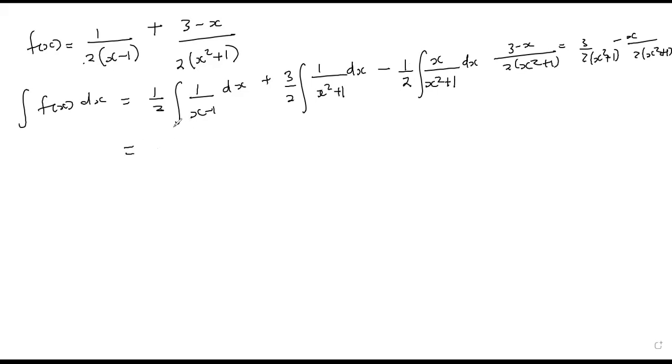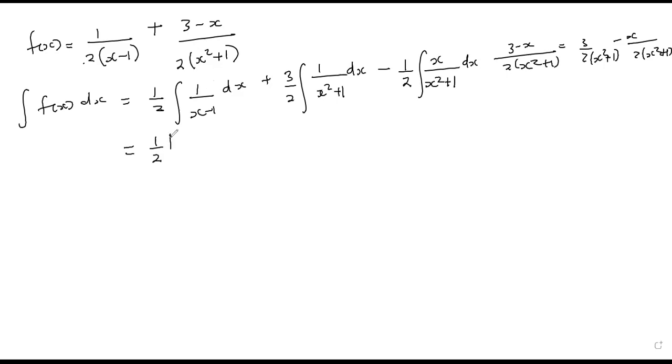So this is the same as a half, when you integrate, because I told you that when you differentiate the denominator and you get the numerator, it is automatically ln.